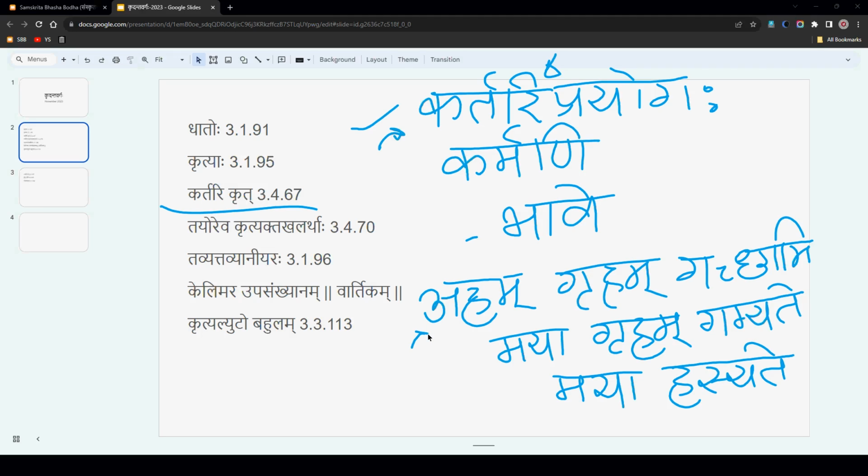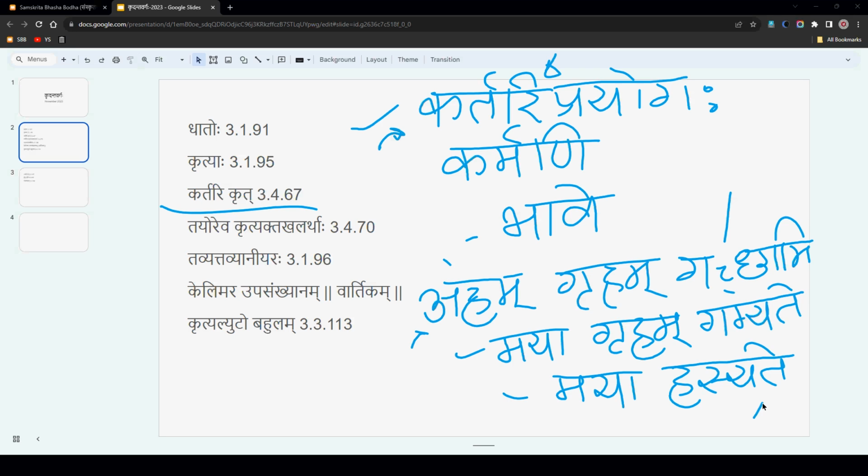This is called kartari prayoga because the kriyapadam is in the kartari form, and the subject, the kartrupadam, is in prathama vibhakti, and the karma padam is in dvitiya vibhakti. In karmani, the kriyapadam is in the karmani form, the kartrupadam is in tritiya, and the karma padam is in prathama.